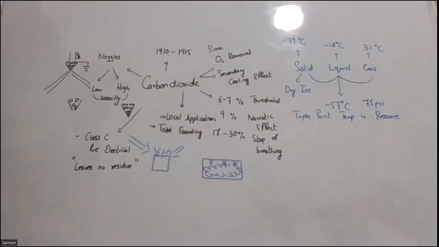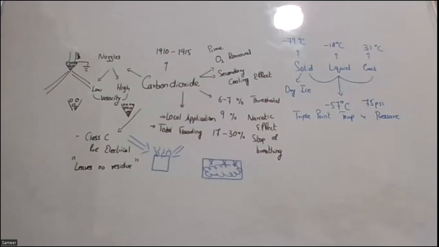When we're talking about effectiveness on class C fires, what are the limitations of carbon dioxide? Carbon dioxide has limitations on any type of materials that have their own oxygen supply, like cellulose nitrates, nitrites, sulfates, chlorates.